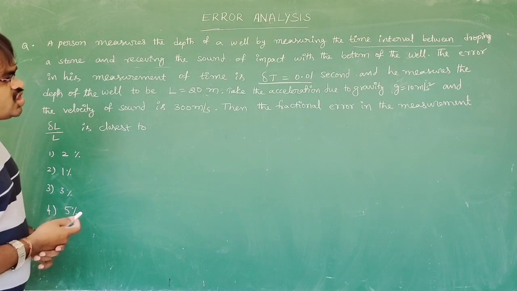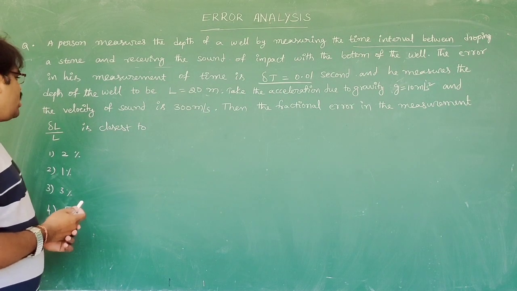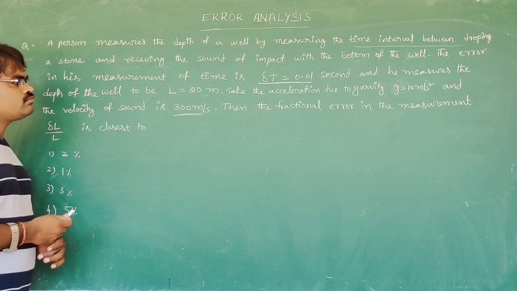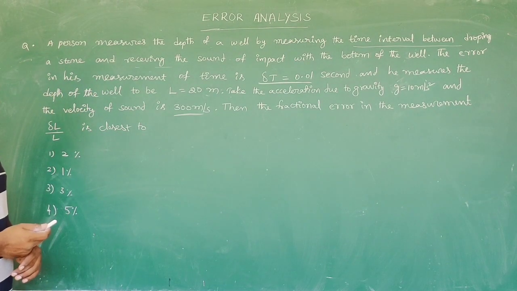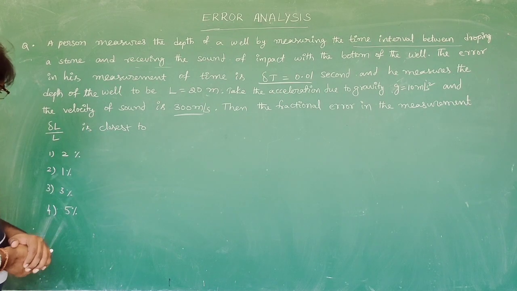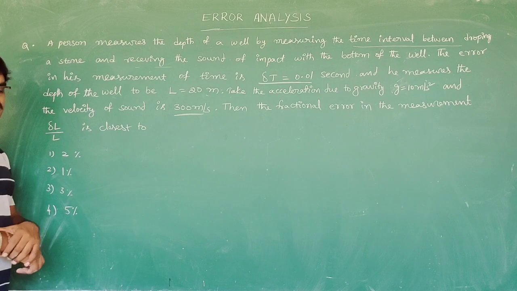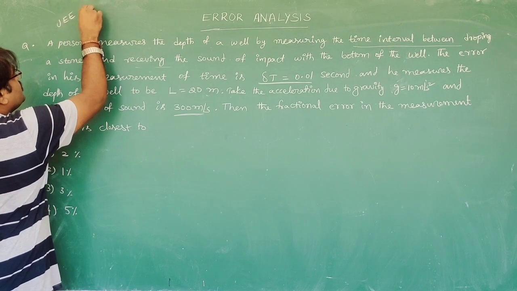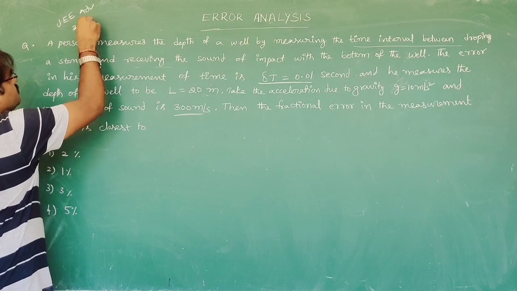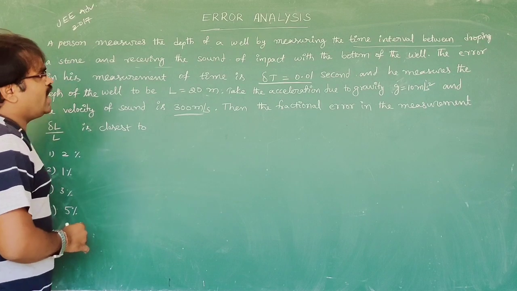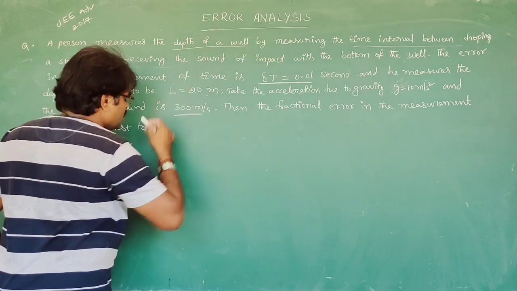Take the acceleration due to gravity g equal to 10 meter per second square and the velocity of sound 300 meter per second. Then the fractional error in the measurement, delta L by L, is closest to these options they have given. It is JEE Advanced 2007. Very, very important.